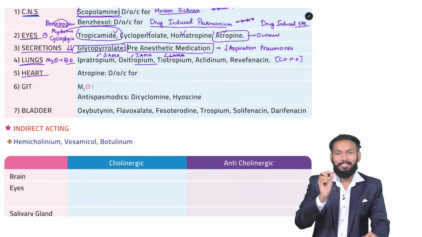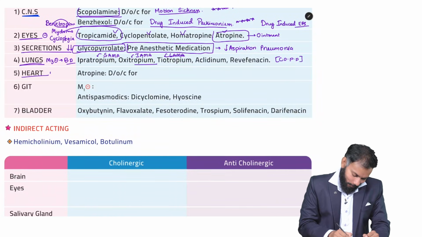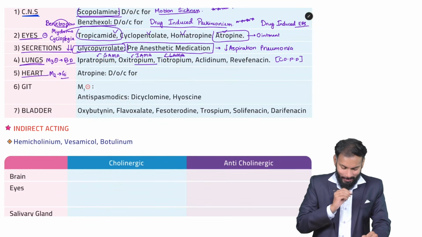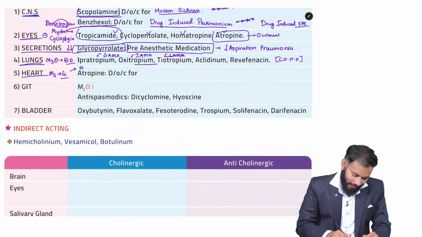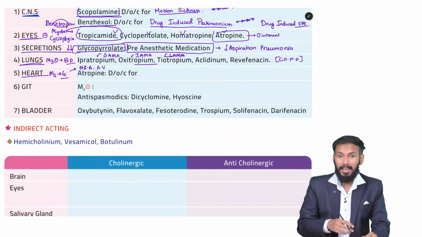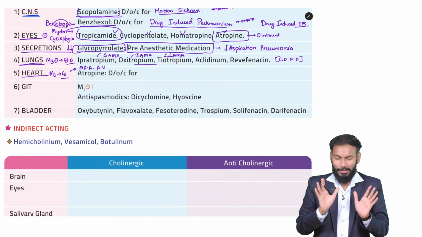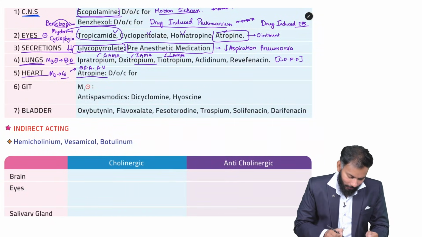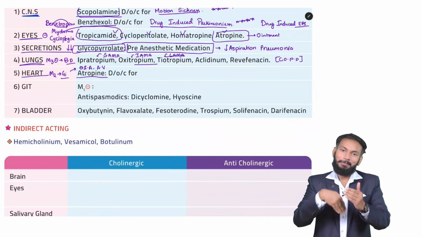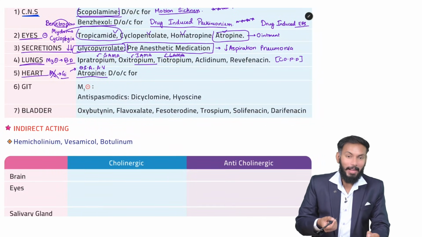Now, coming to the heart. Very important. Which receptor is present in the heart? M2. M2 is Gi. So, the Gi receptor is blocking the SA node and AV node, causing bradycardia and conduction block. Now, if I give atropine, this will block M2.